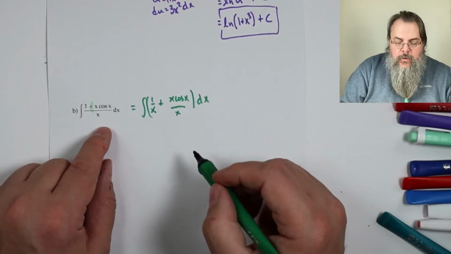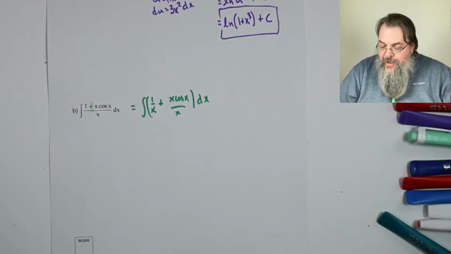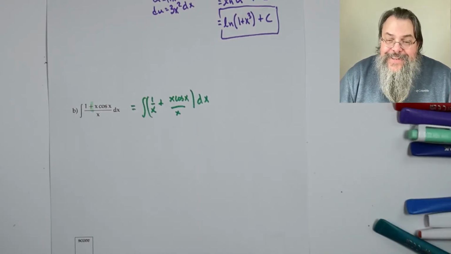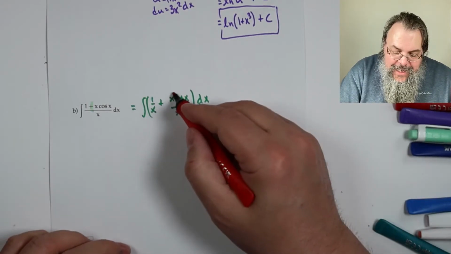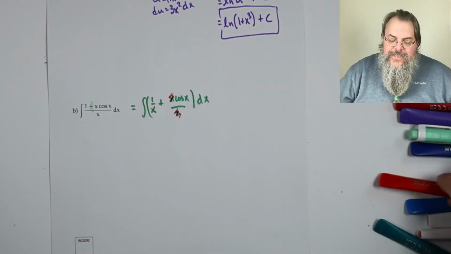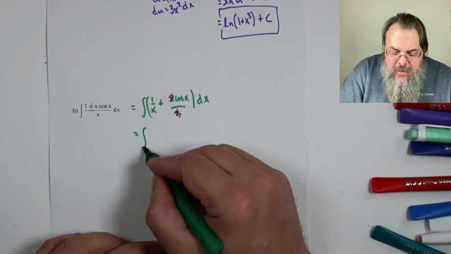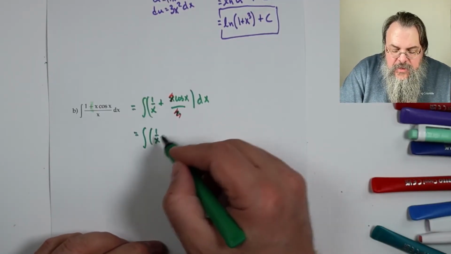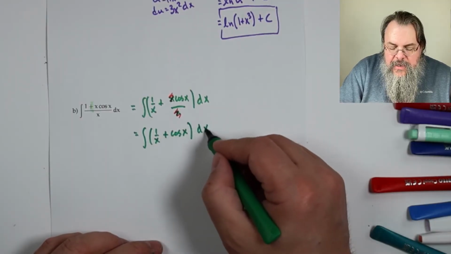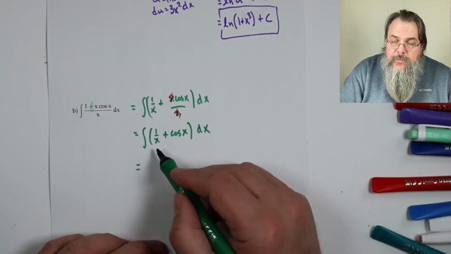Now the first one, my goodness, log again? That's okay. In the second one, the x's cancel. So with just a little bit of gentle rewriting, a gentle nudge, we get to this, and each piece is now straightforward.